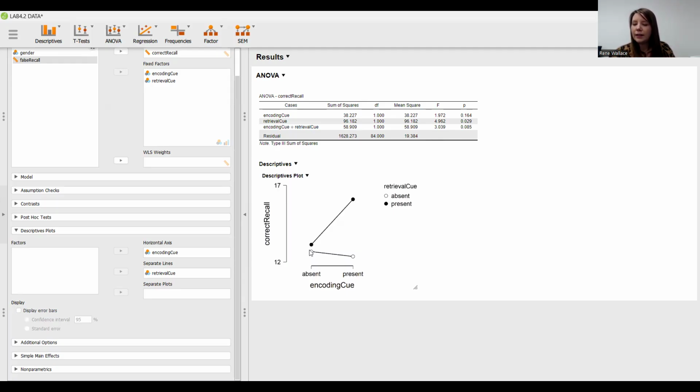And then if we're not seeing the significance right up here in encoding cue, maybe it would have just taken more participants. The problem with this is everybody has 4 participants. So we've typically had our 2 groups have like 50 plus people in them, but everybody only had 1 person in each condition.